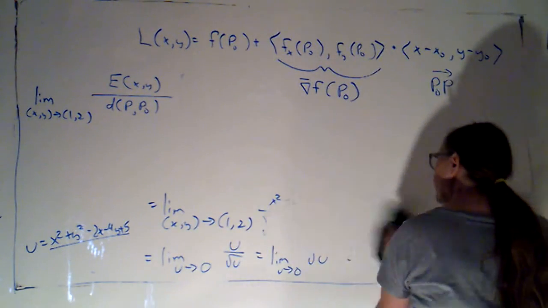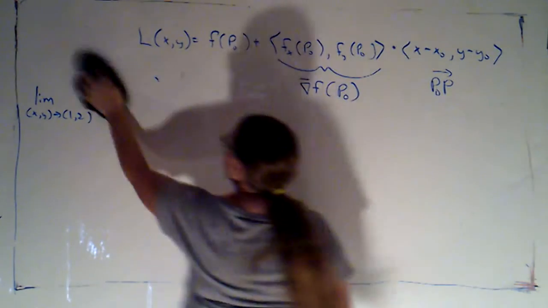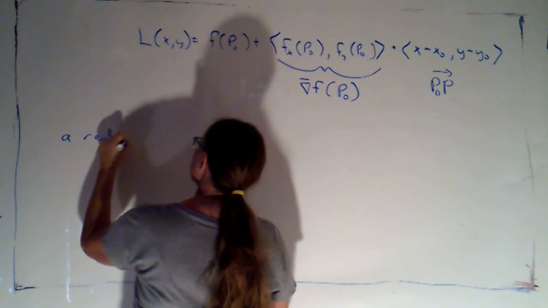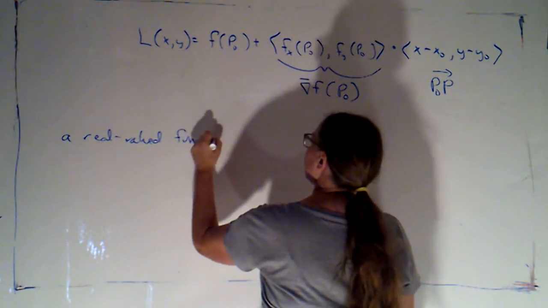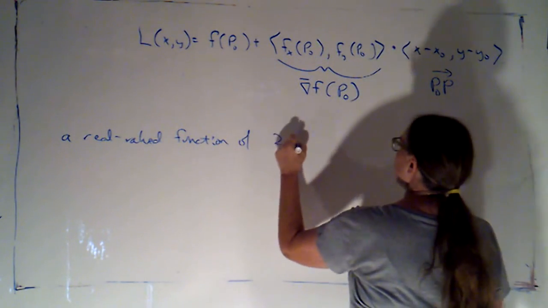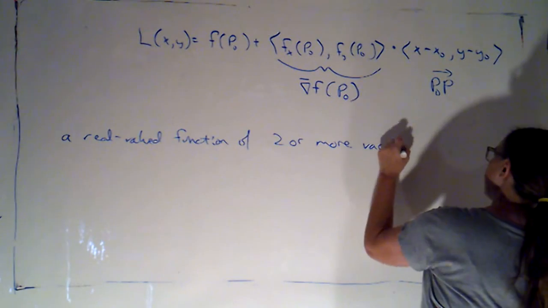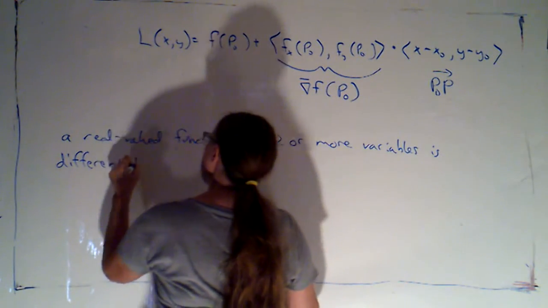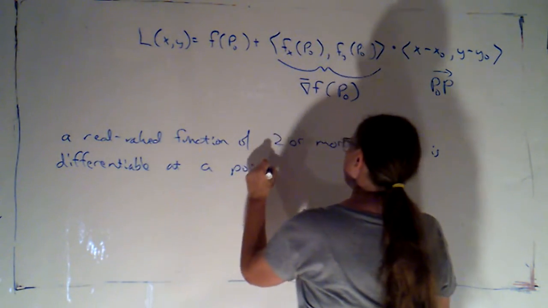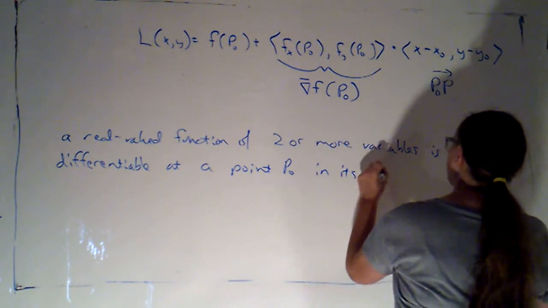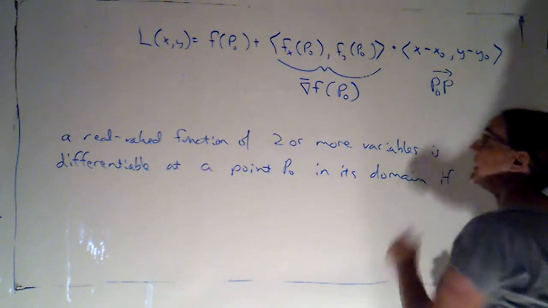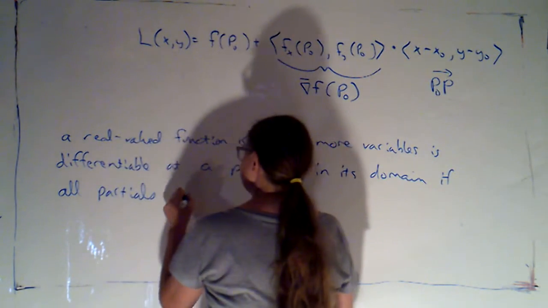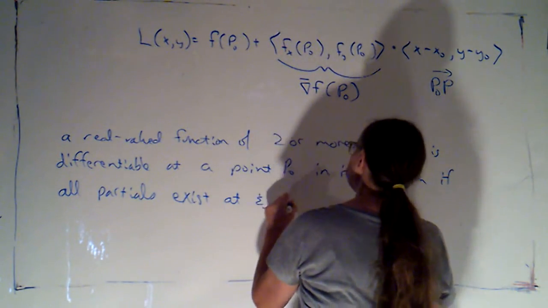Fortunately, there's another criterion. Okay. So, a real valued function of 2 or more variables is differentiable at a point P naught in its domain if all partials exist at and near P naught.